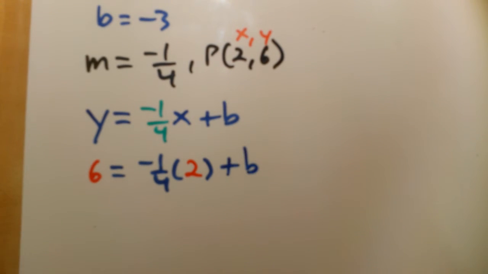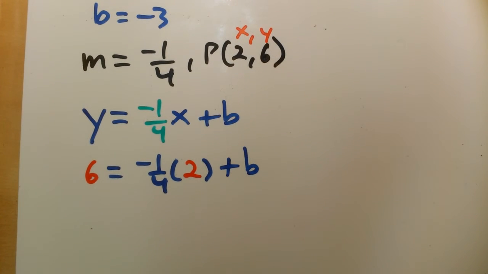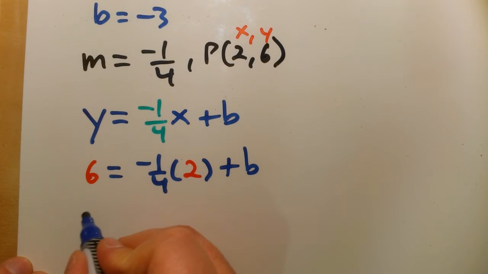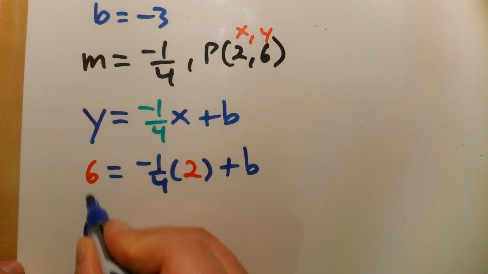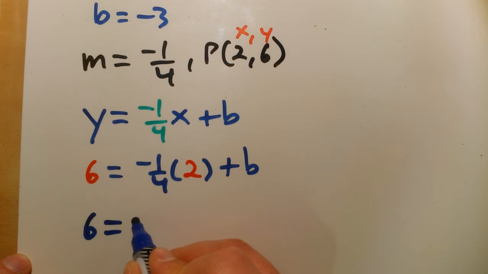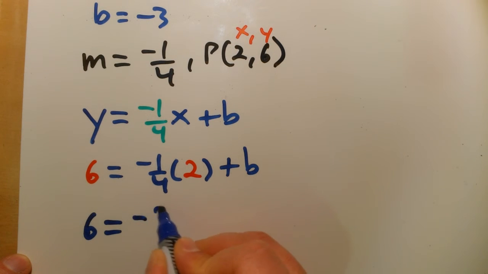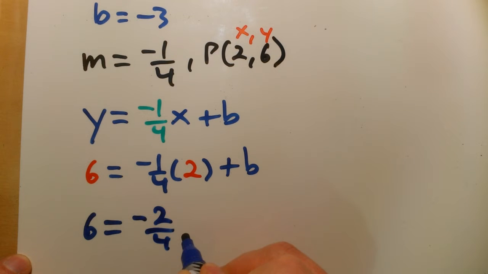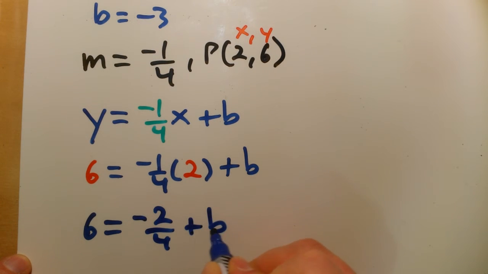So let's continue. What happens here? We end up with 6 equals negative 1 over 4 times 2, which becomes negative 2 over 4, plus b, and this becomes negative 1 over 2.